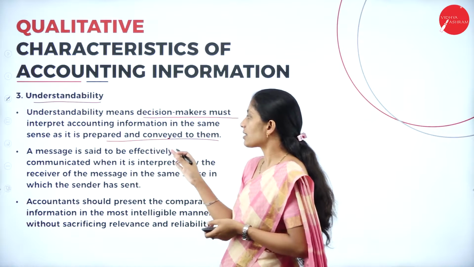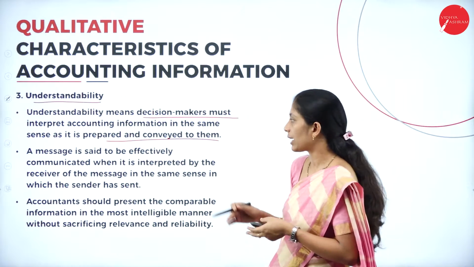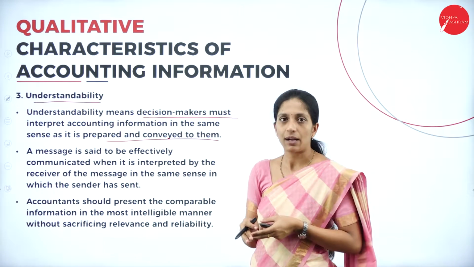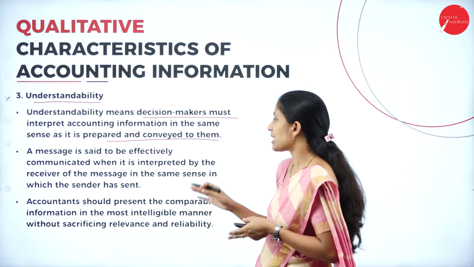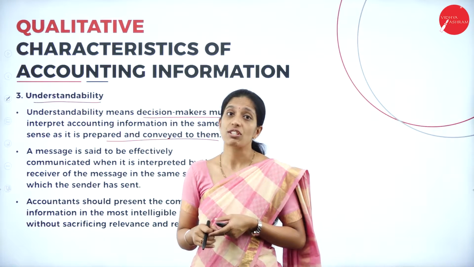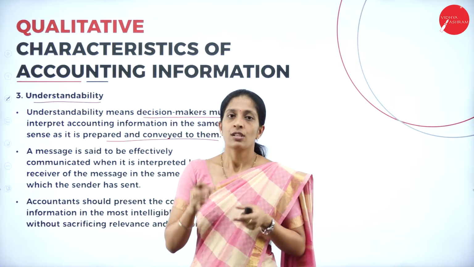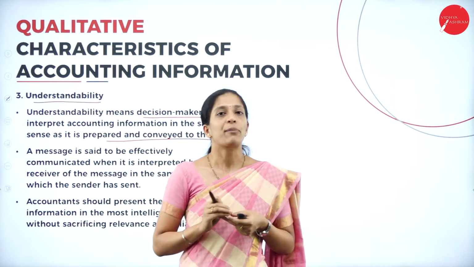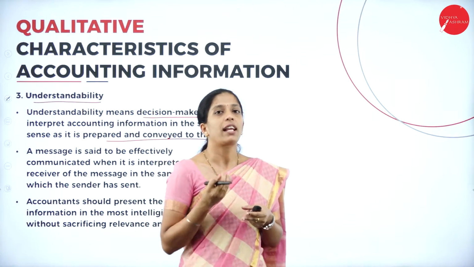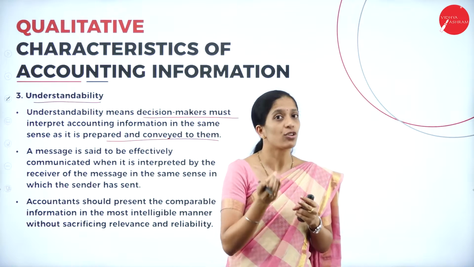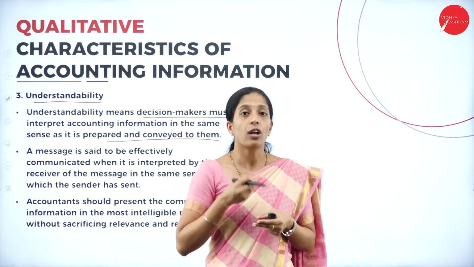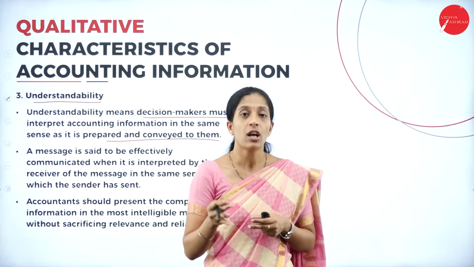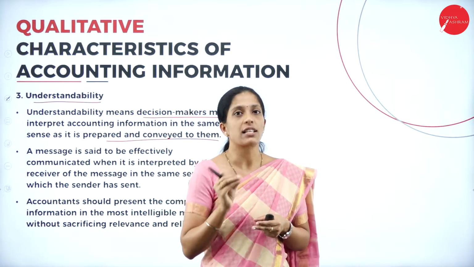A message is said to be effectively communicated when it is interpreted by the receiver of the message in the same sense in which the sender has sent it. So when proper communication happens, if I explain a particular concept to you, in whatever sense I have explained it, in the same sense you have to understand it.